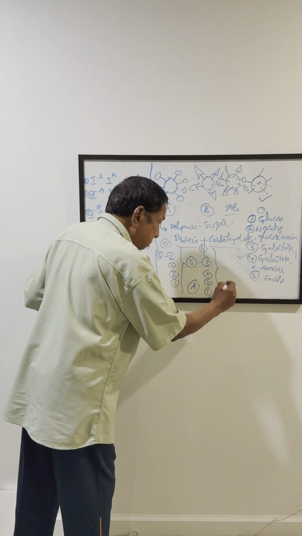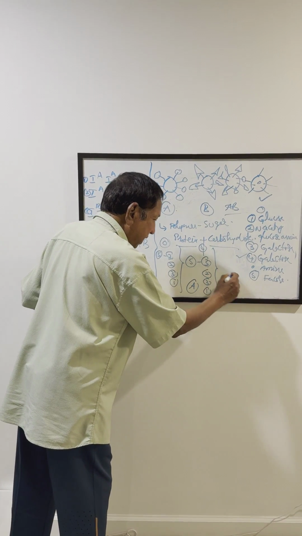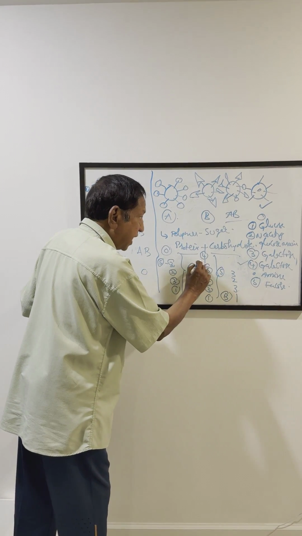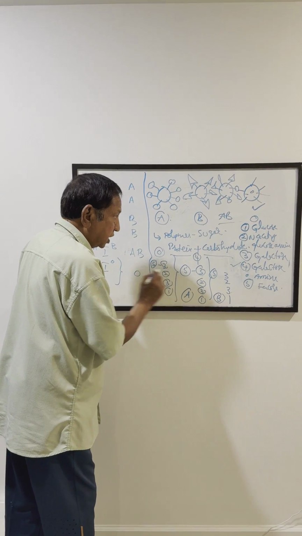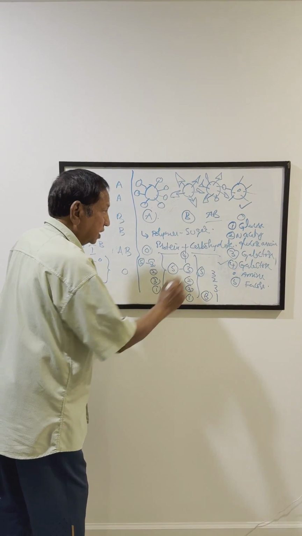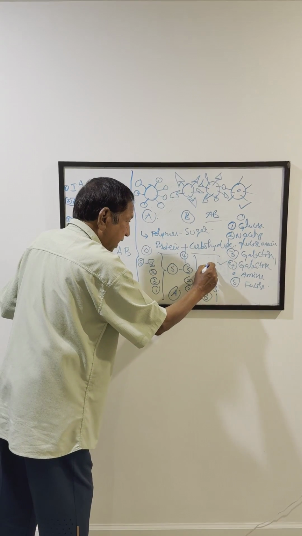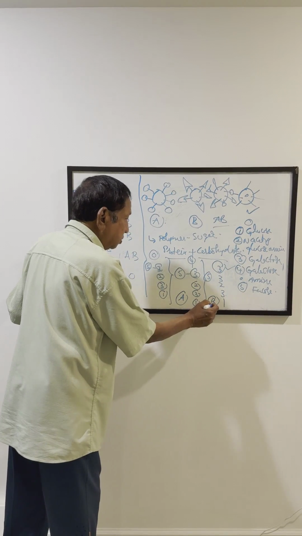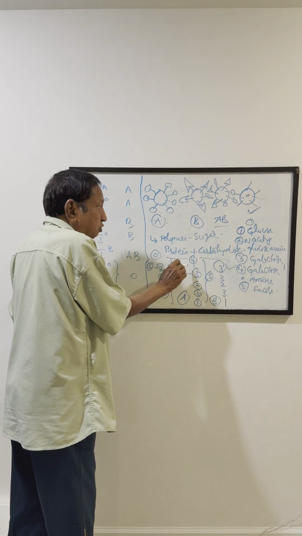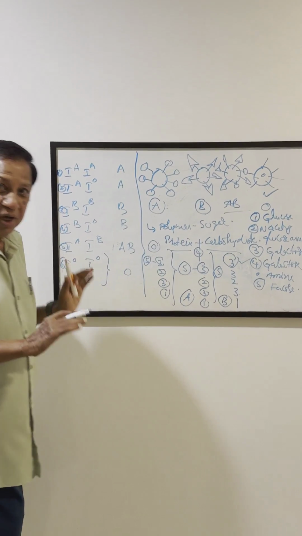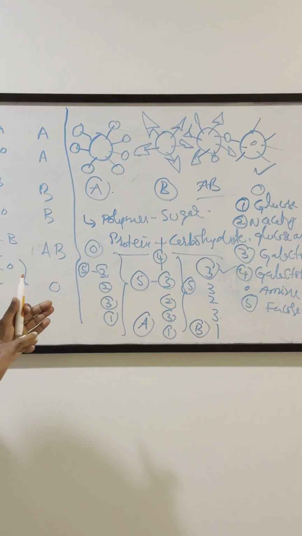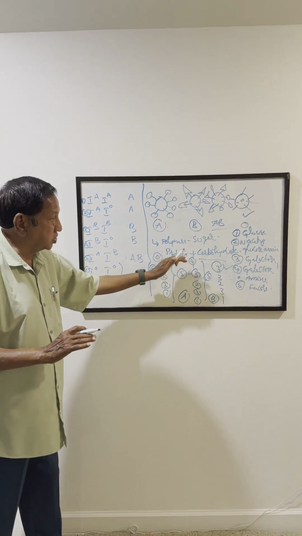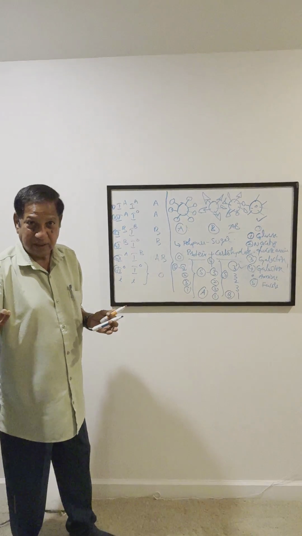Similarly, in the B group of blood, the basic component is the same, but it is not added with 4 as in the A group. It is added with that galactose 3 again. If it is added with 3, it is called the B group. If it is added with 4, it is called the A group. In the AB group, it has both A and B. These are the main sugars, hence they are called glycoprotein.